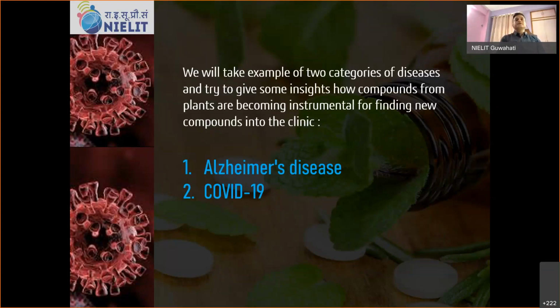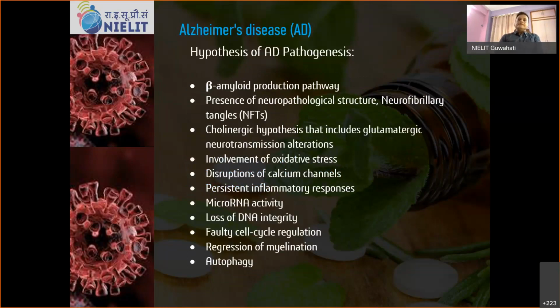From one compound, we can generate thousands or millions of compounds with a similar scaffold. Then we can test them against the diseases we want to target. So in this short presentation, I'll take the example of Alzheimer's disease and COVID-19. One is infectious, another one is non-infectious. Okay.